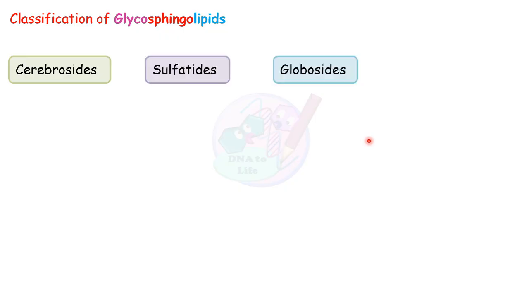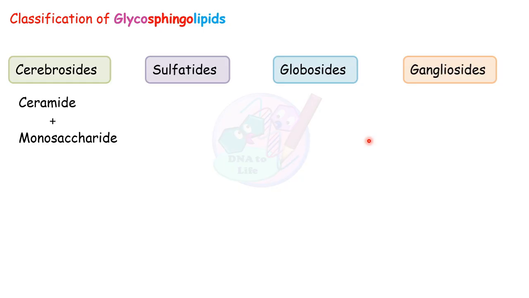Let's talk about the classification of glycosphingolipids. There are 4 different classes of glycosphingolipids. First one is cerebroside, second is sulfatides, third is globoside, and fourth is gangliosides. Cerebroside is made up of ceramide plus monosaccharide. So here the sugar present is a monosaccharide. Second are sulfatides.